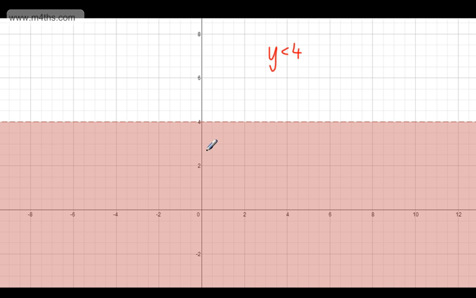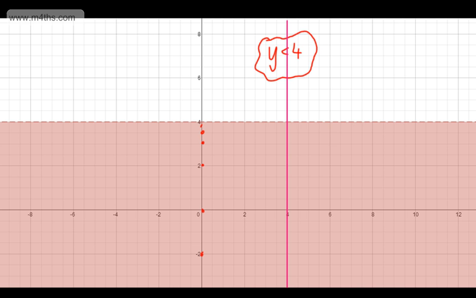If we look at it, 3 could be included. We've got 3.5, 3.7, 2, -2, 0. So this now is the represented inequality. It's just one. So for example, if I put on another one, let's say this right here is going to be the line, and I'll move that.